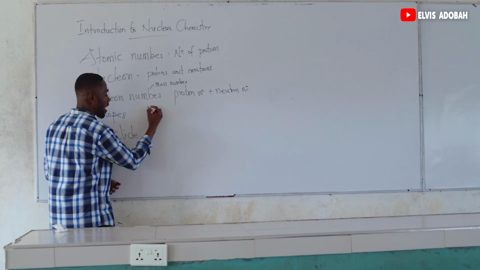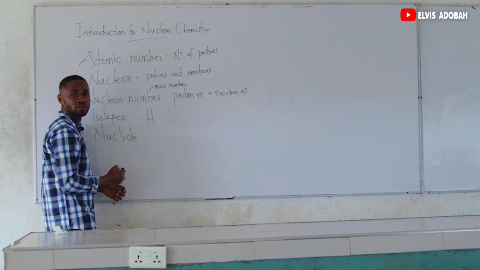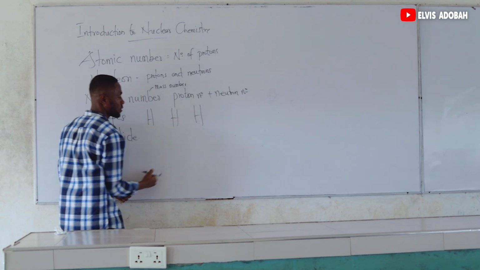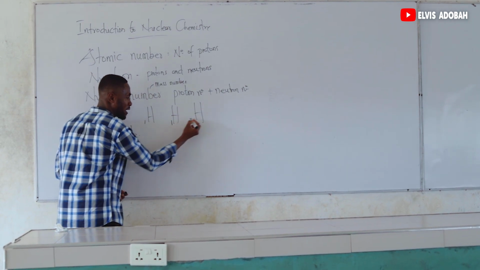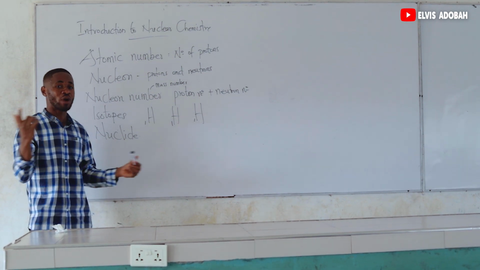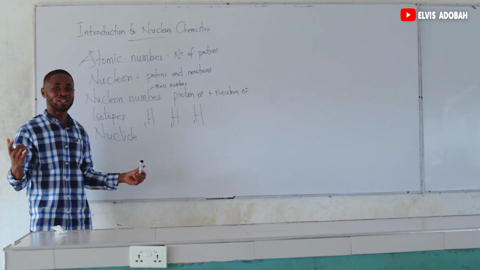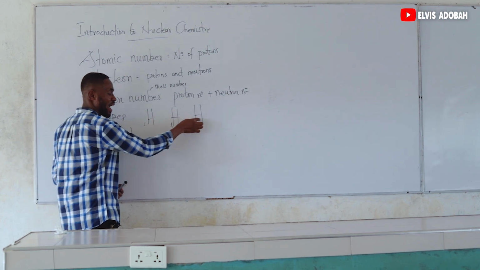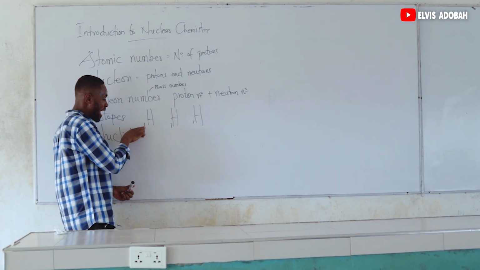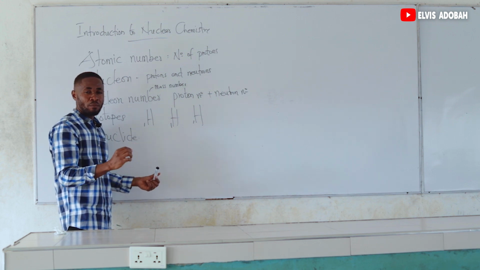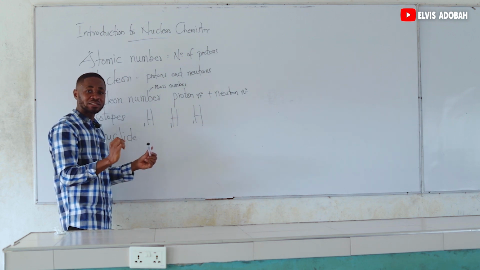We have hydrogen existing in 3 different forms. All of them have 1 proton because proton number 1 belongs only to hydrogen. It is the only element with only 1 proton. So these are atoms of the same element, hydrogen, with the same atomic number of 1, but their mass numbers differ.